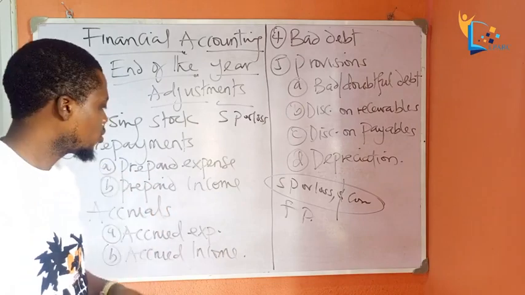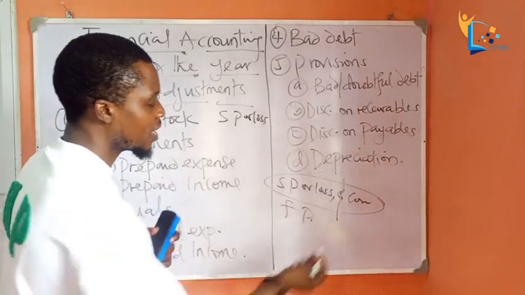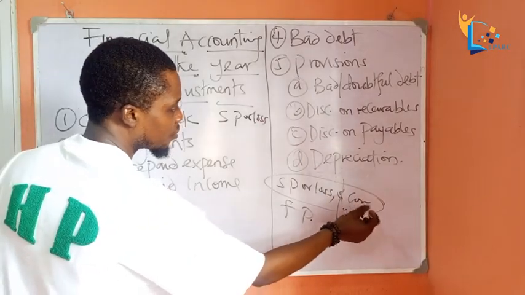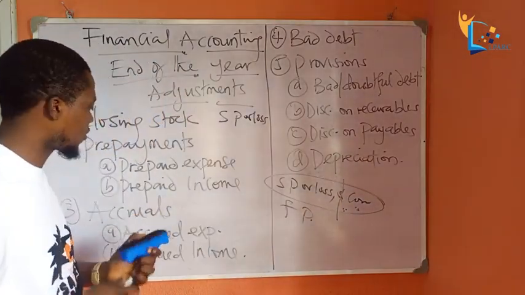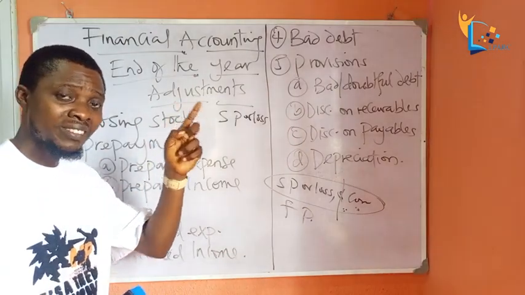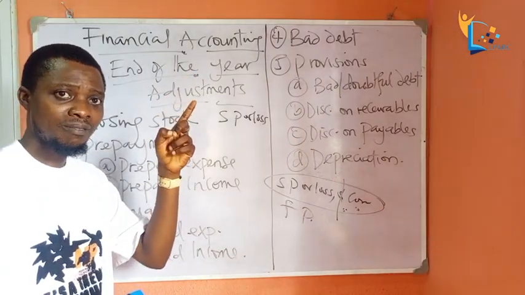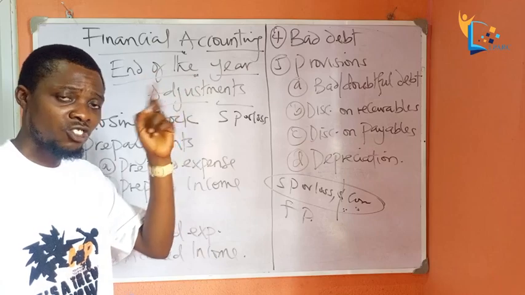Do you understand it? So prepaid expenses will appear in the statement of profit or loss and comprehensive income. How do you treat it? You deduct it from the expense that is noted in the trial balance.